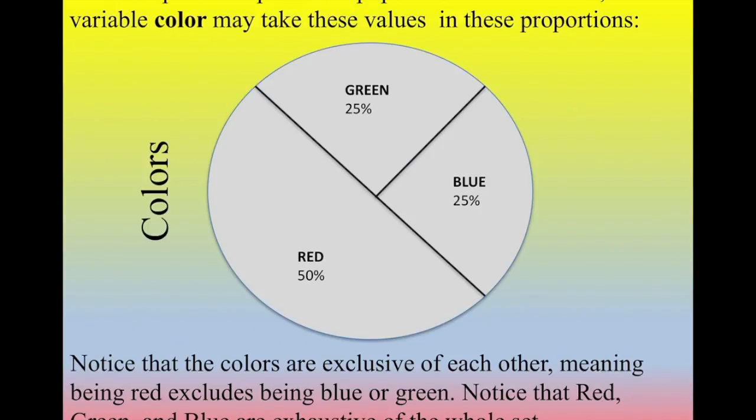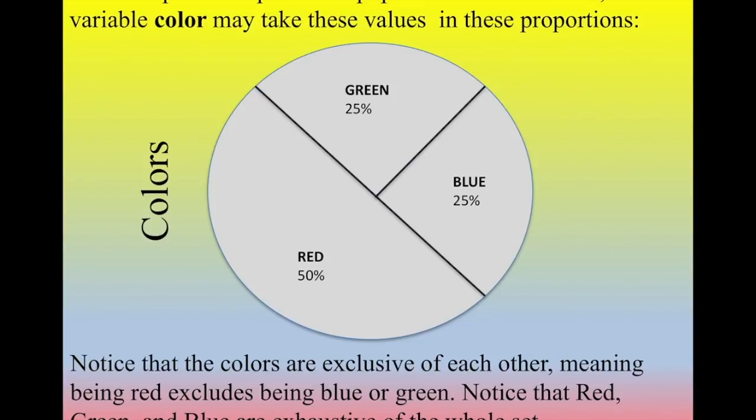For some variable, if we give the proportion of the population for each value of the variable, then we will have given the distribution. So forget about the jar of marbles I just showed you in the picture in the slide. Let's imagine there's some new jar of marbles.